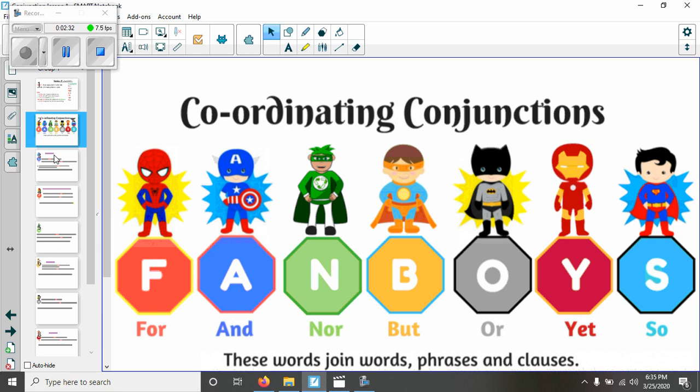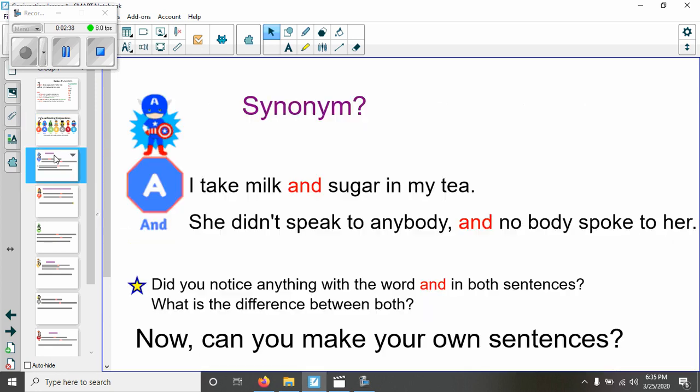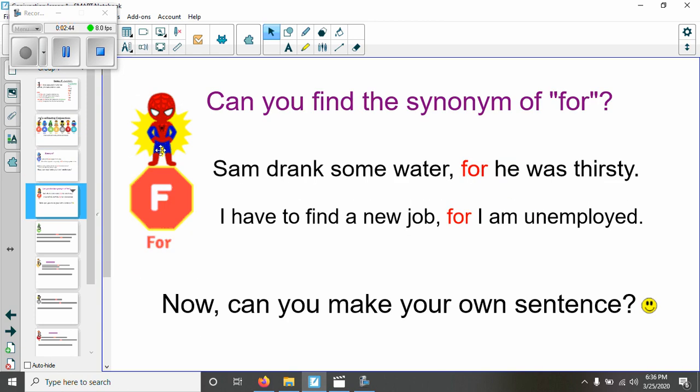Let's start with the first coordinating conjunction we have today. So I have the letter F for for. Can you find any synonym for for?